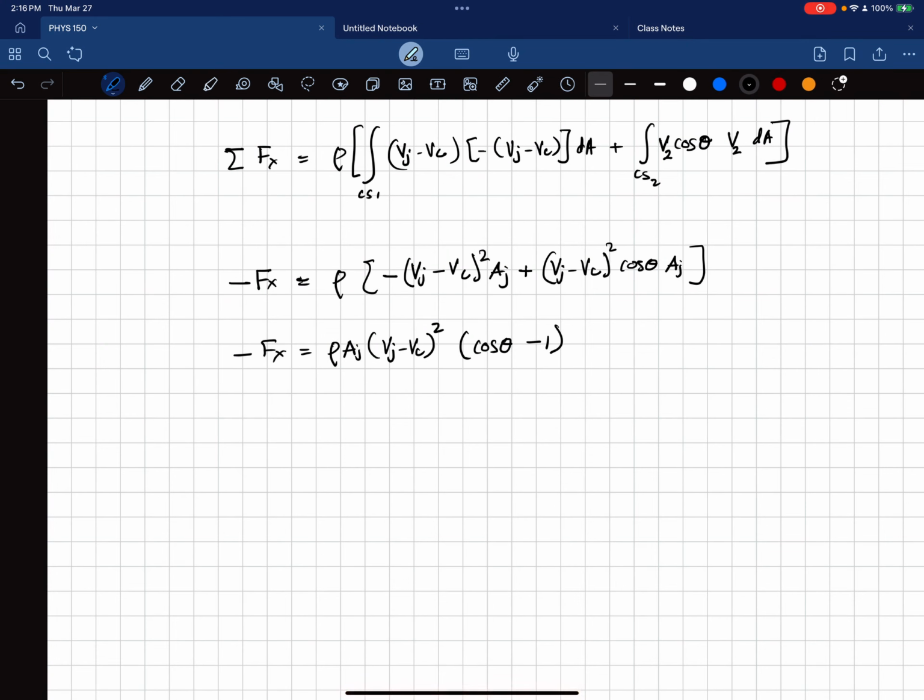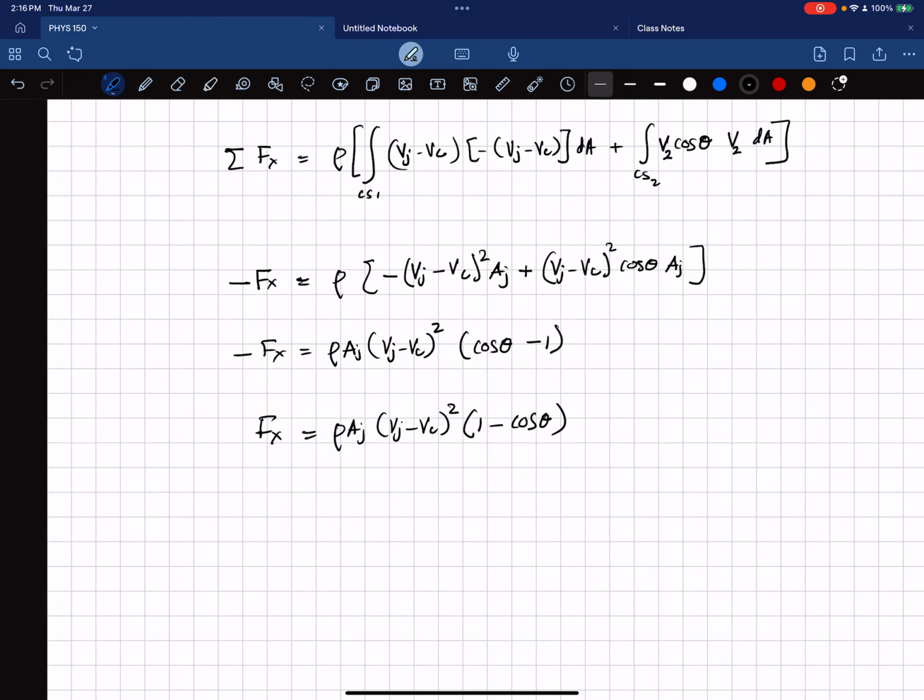So negative Fx is equal to this, and then Fx is equal to rho Aj times Vj minus Vc squared times 1 minus cosine theta. Now you can see when theta changes.